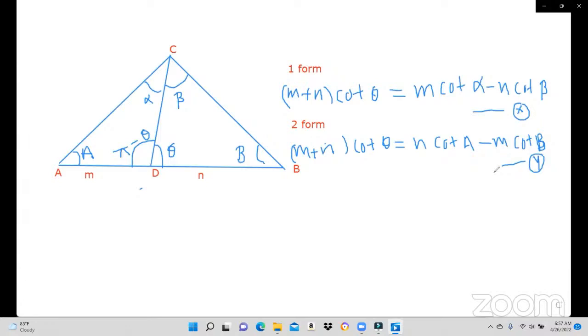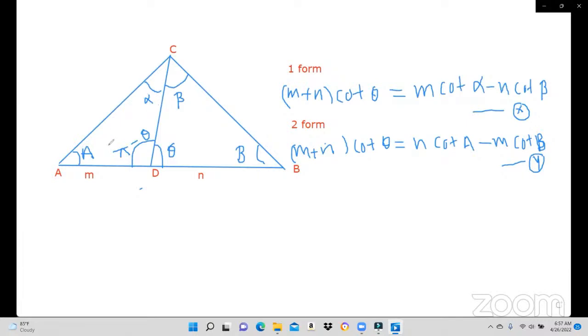Now we are going to prove this cot formula by using a specific method called the sine rule. By using the sine rule, I'm going to prove this one. Now, what do you mean by the sine rule?